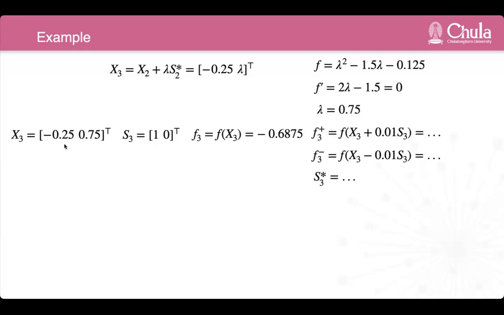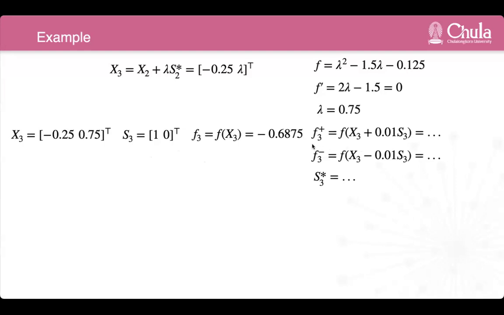Now we arrive at minus quarter and third quarter. The solution evolved from minus quarter, 0 to minus quarter, third quarter. Then we go back to the x direction again, 1, 0, and we repeat the algorithm.